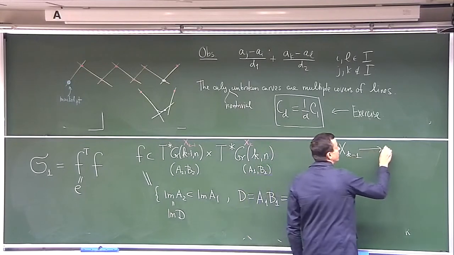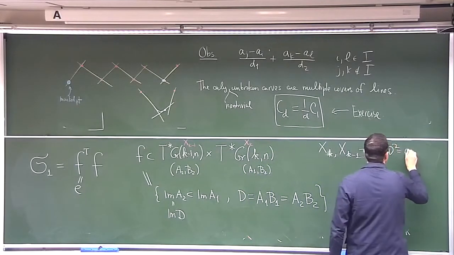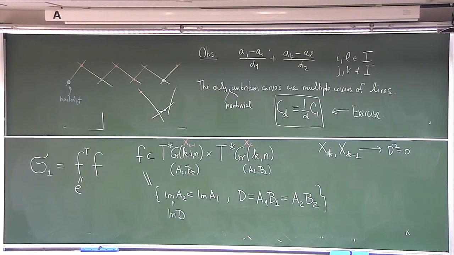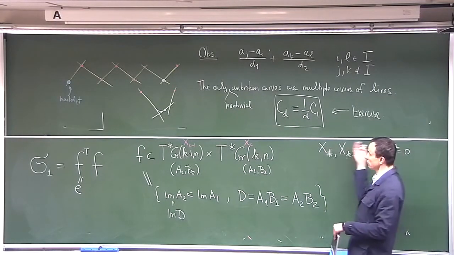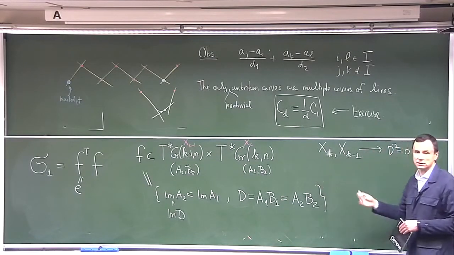They both map to square zero matrices, so it makes sense to take a product over this map.